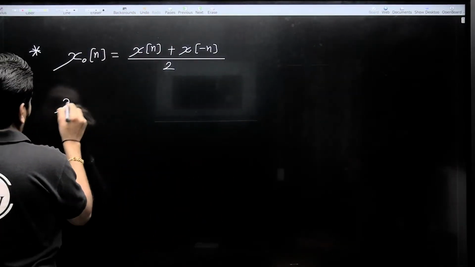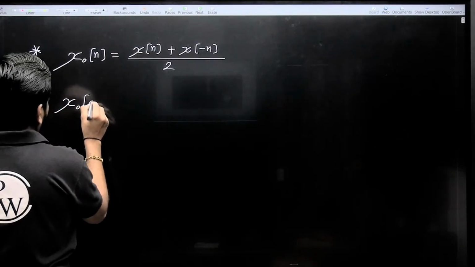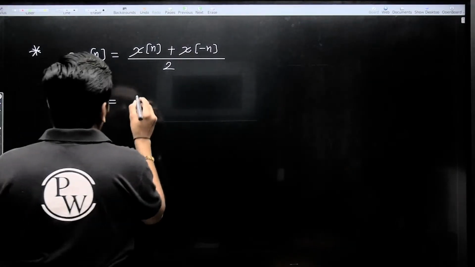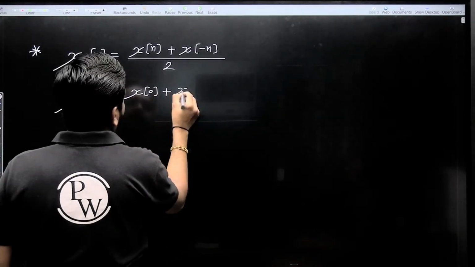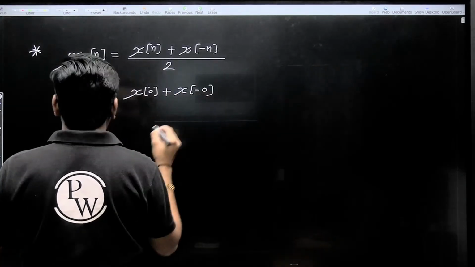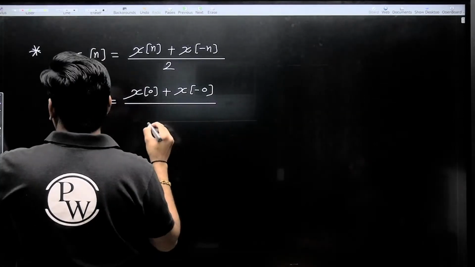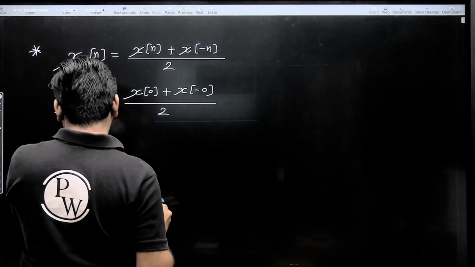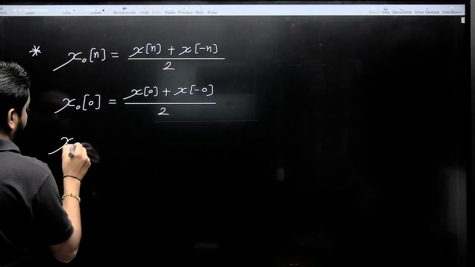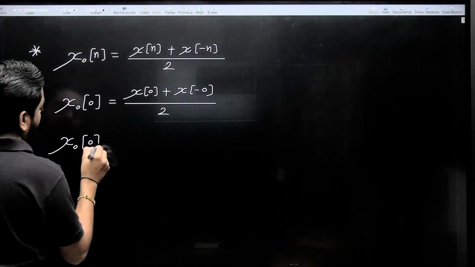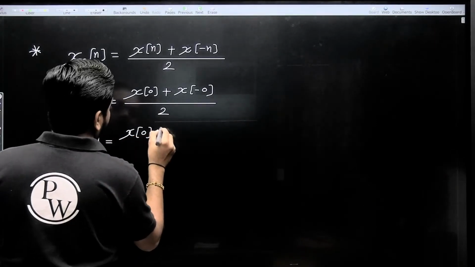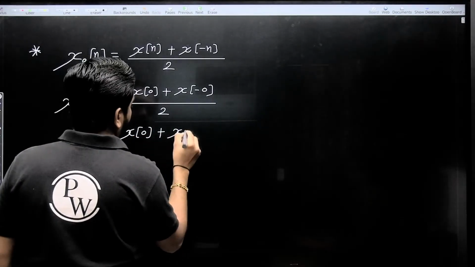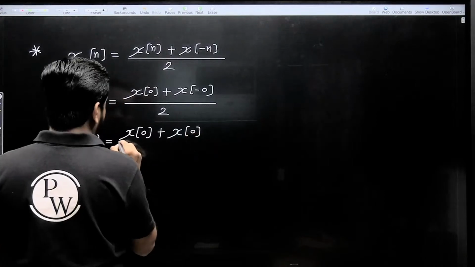Now, if you want to calculate the value at origin, n equal to 0, x of 0 minus x of minus 0 whole divided by 2. Now, plus 0 and minus 0 both are same. So, odd signal value at origin is nothing but x of 0 minus x of this is also 0, whole divided by 2.